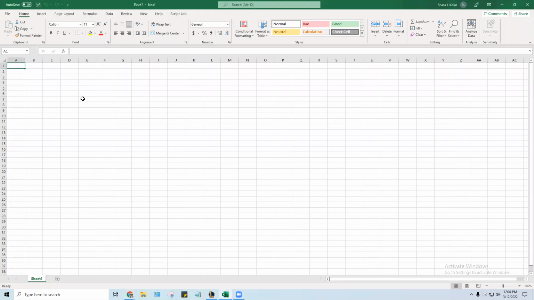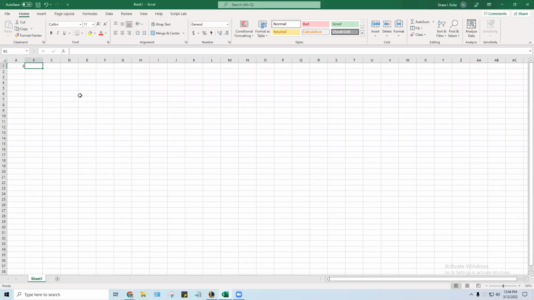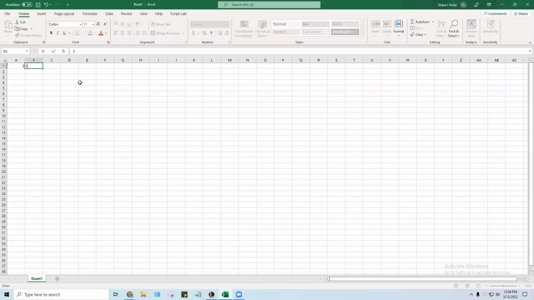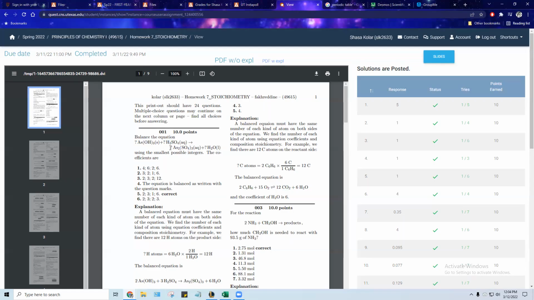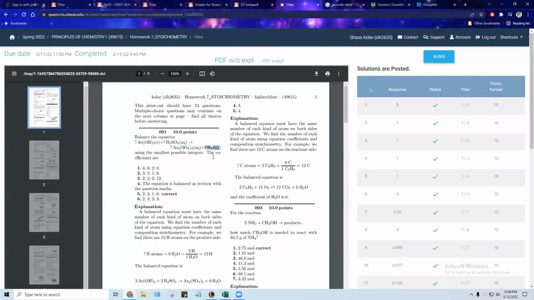So the first one is 2. The second one is 3. The third one is 1. The fourth one is what we're trying to figure out now.